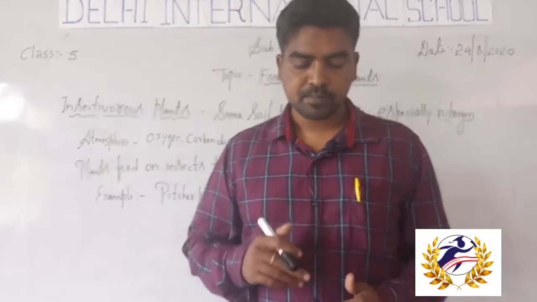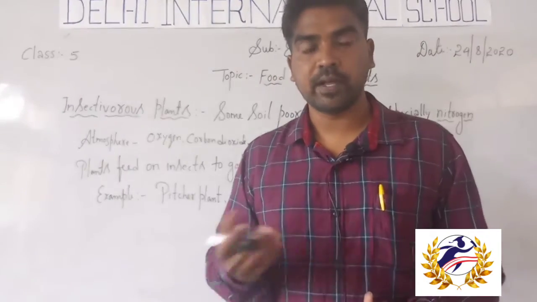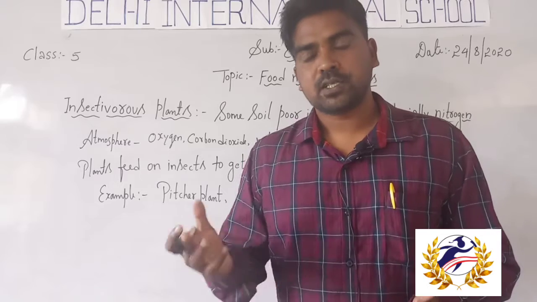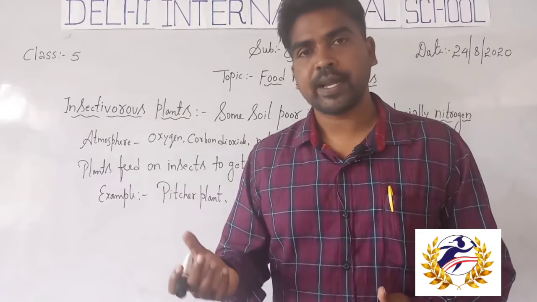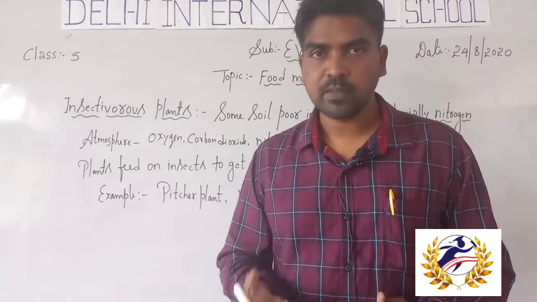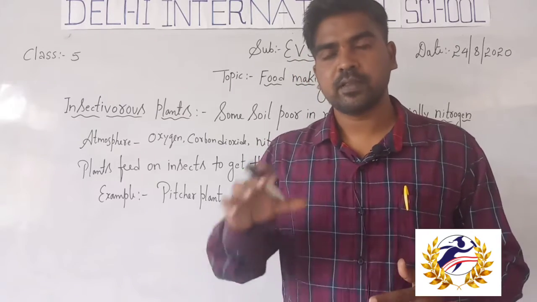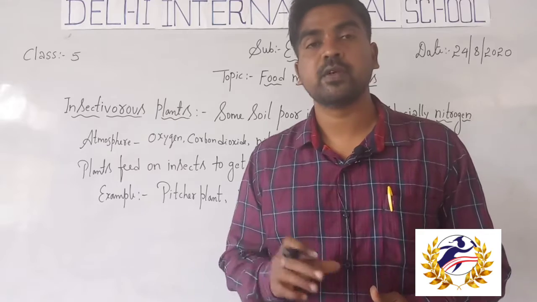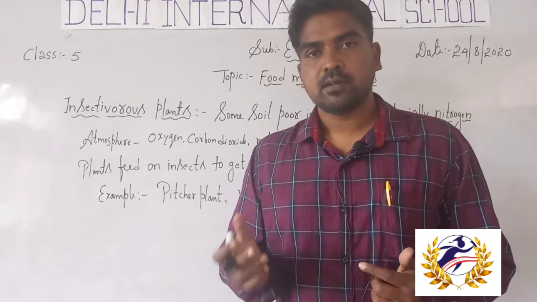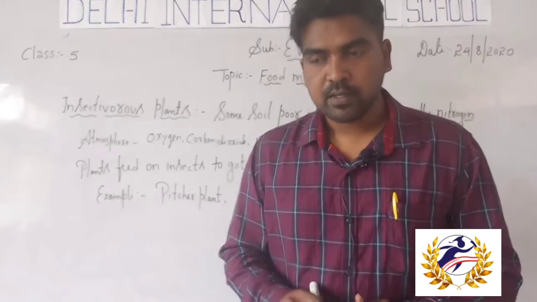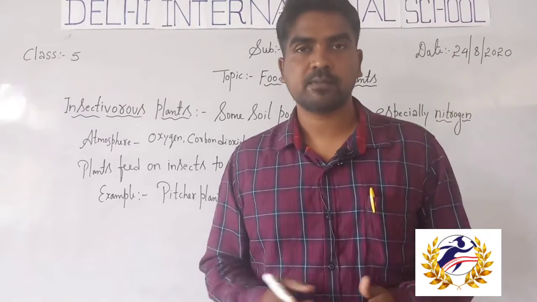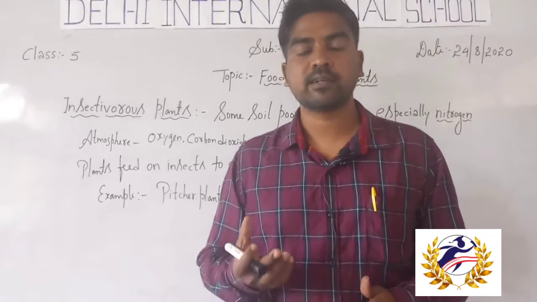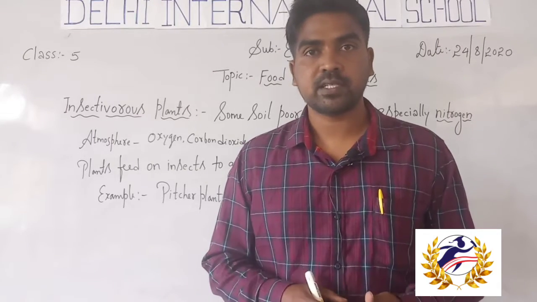Like in the previous class what we have learned, plants make their own food by trapping sunlight, oxygen, carbon dioxide, water and minerals. The leaf, the stem and the root system help to prepare their food. In some regions, students, the soil does not have many minerals.